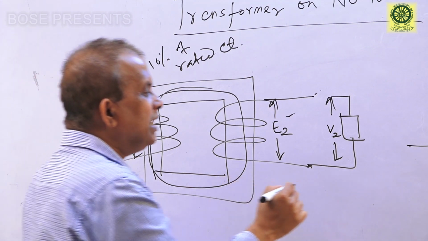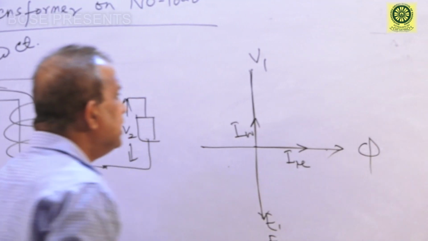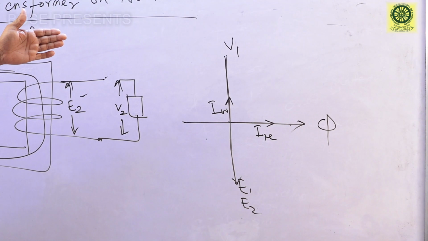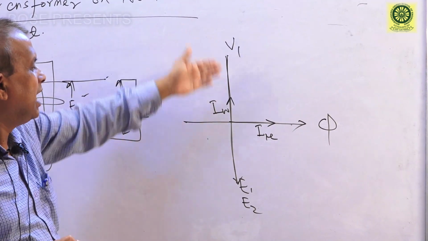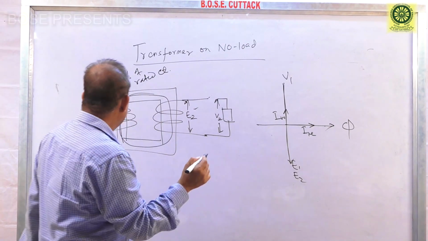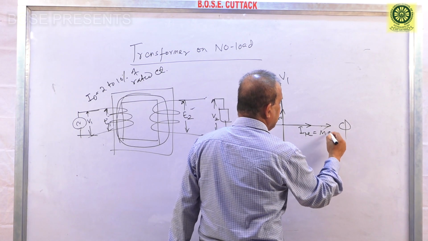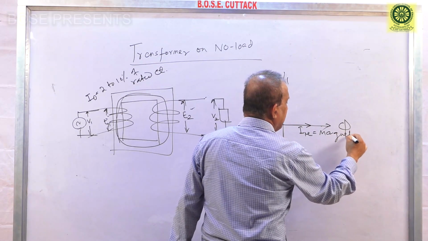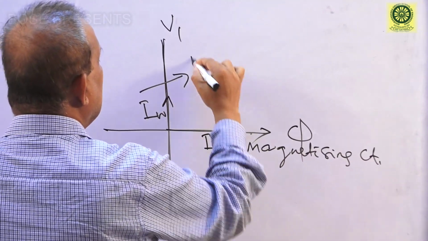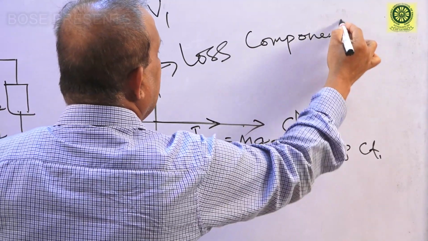In this particular diagram, the voltage V1 is the applied voltage, shown along the positive axis. Here Imu is the magnetizing current, and this is the loss component of current.